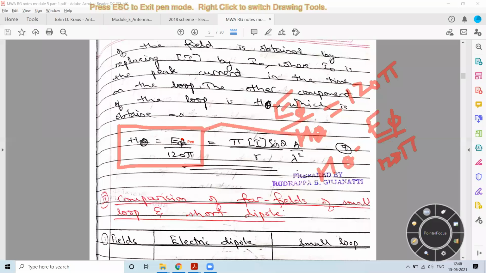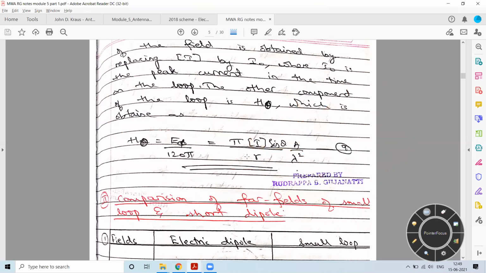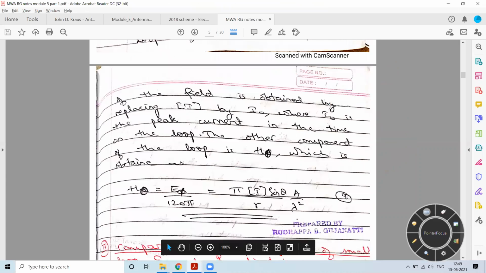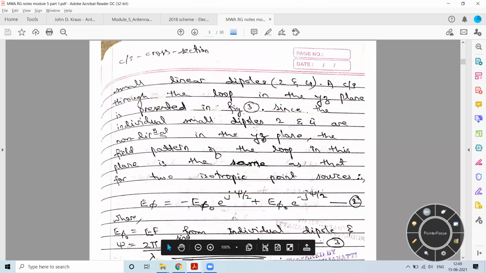When I substitute E phi from the previous equation and simplify it, this is the overall result I get, which is equal to pi into retarded current into sine theta divided by r into a by lambda square, where a is the area of the loop and lambda is the operating wavelength on which the antenna is operating. So these are the field components associated with the small loop.